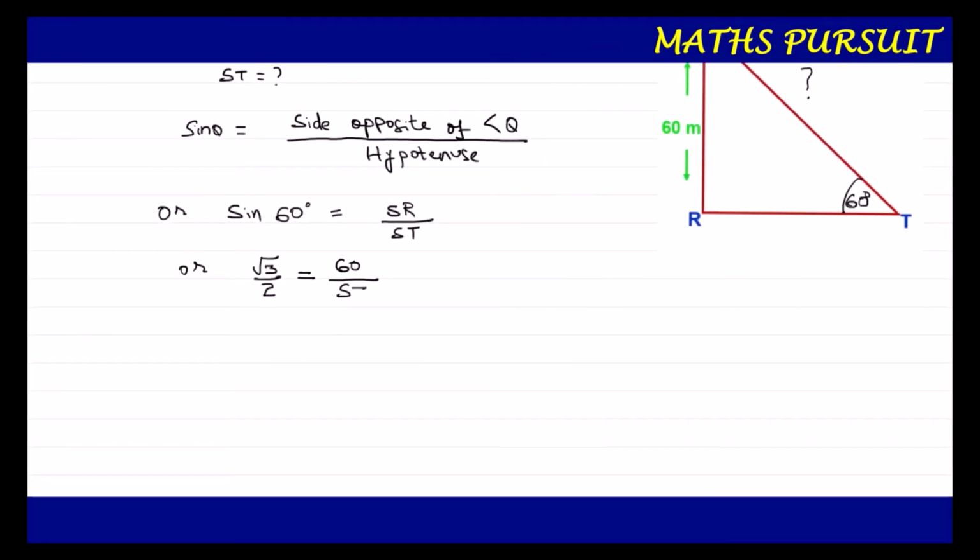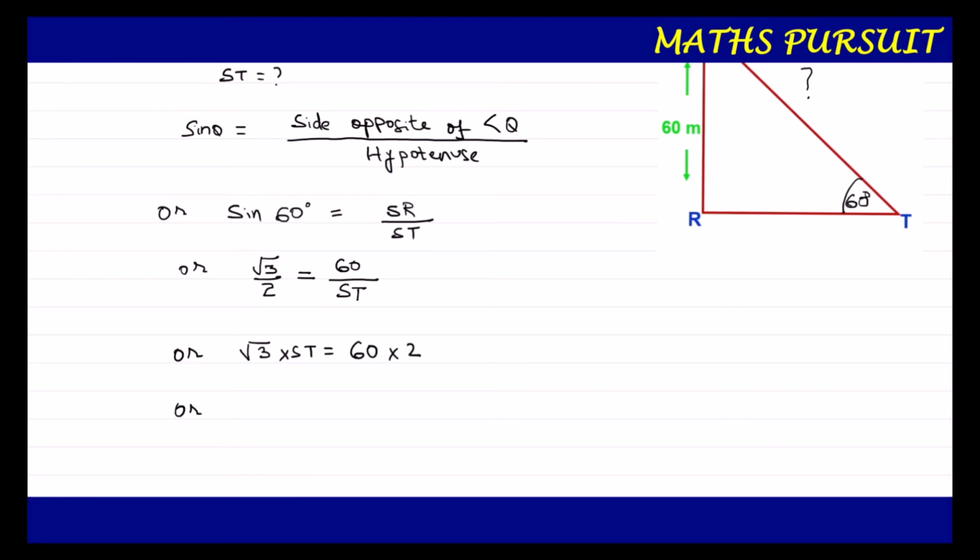Let us do a cross multiplication here. I can write root 3 into ST is equal to 60 into 2.